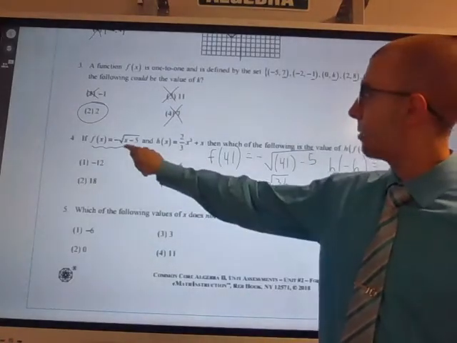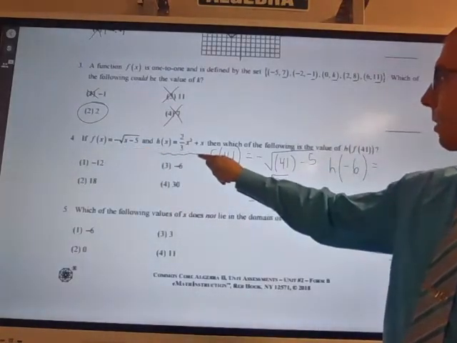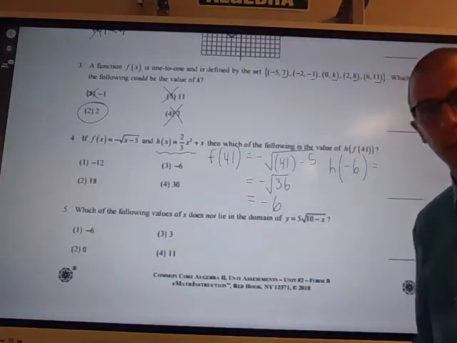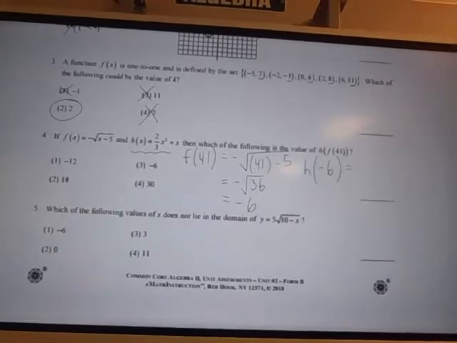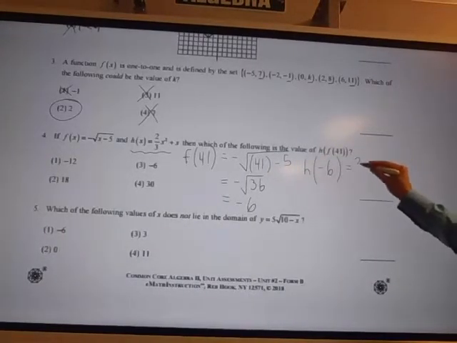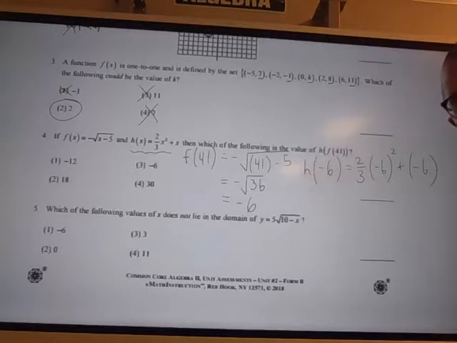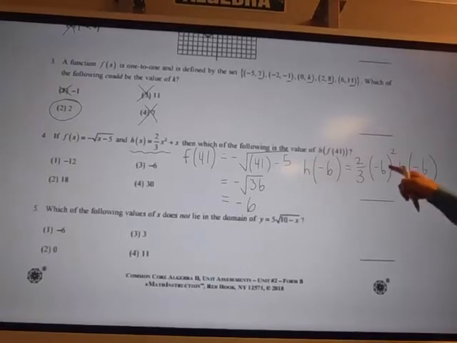I've now moved on from my f of x, I'm working with h of x. Okay, h of -6. And everywhere I see that x, I need to plug in here, keep that in parentheses. 2/3 times -6 squared plus -6.